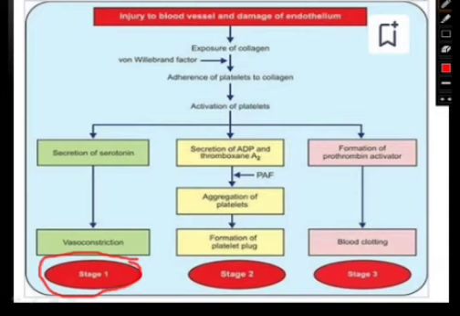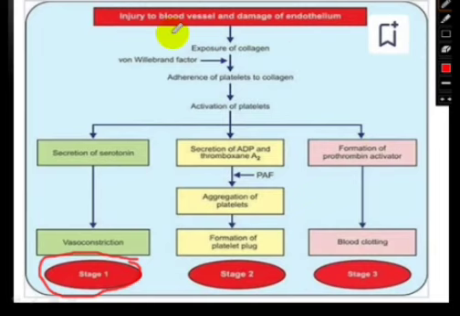If you are writing an exam and you use contraction for blood vessels, then you are using the wrong terminology. Vessels constrict, smooth muscles or muscles in general contract. So vascular spasm is the contraction of smooth muscles found in the blood vessels and the constriction of the blood vessel.